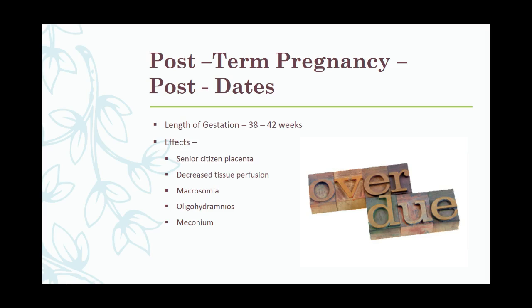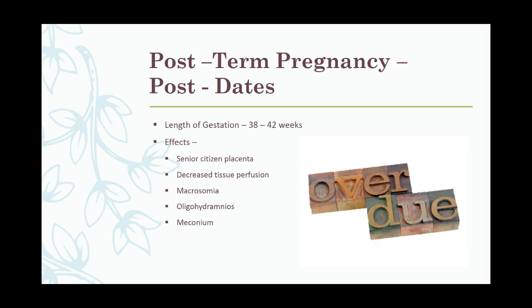A placenta is only made to last for a certain amount of time. Anything beyond that will cause the placenta to start breaking down. It doesn't work as well. It becomes calcified. The oxygen level and the nutrient exchange between mom and baby are not what they should be, so we end up with issues there.